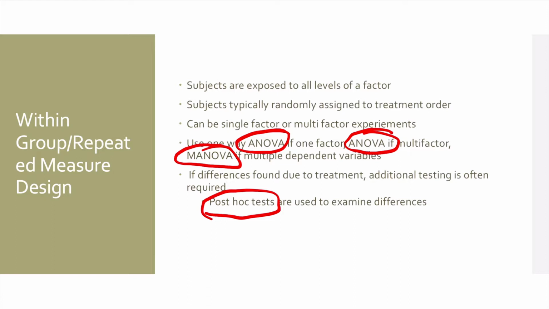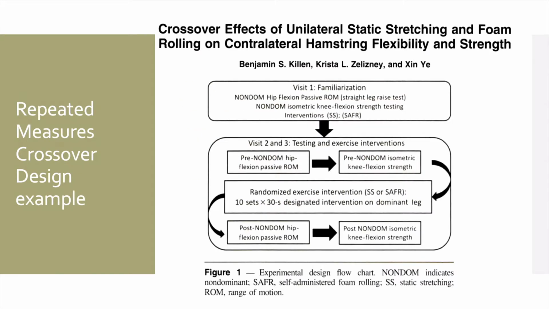But let's take a look at an example of a repeated measures or within group experiment. I liked this study because they gave us this nice little chart showing how the subjects were treated throughout the length of the study. This study is titled Crossover Effects of Unilateral Static Stretching and Foam Rolling on Contralateral Hamstring Flexibility and Strength.